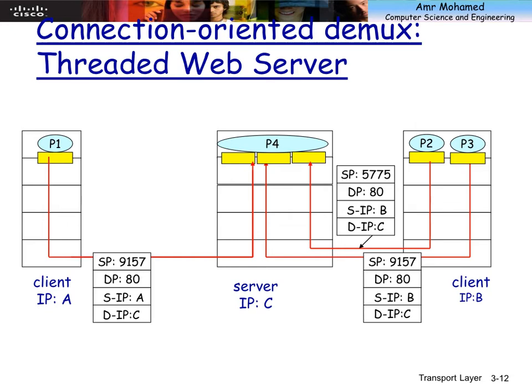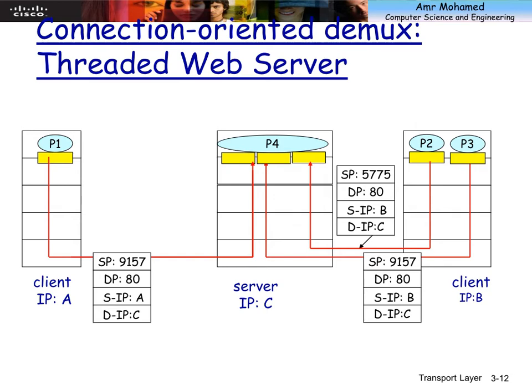So the server has one shared process, and then it instantiates a thread. A thread is a lower level compared to a process, right? So the operating system deals with a process as a higher level entity, and then it deals with threads as lower layer entity. So one process may have multiple threads.